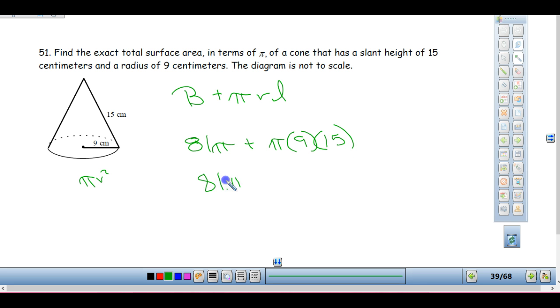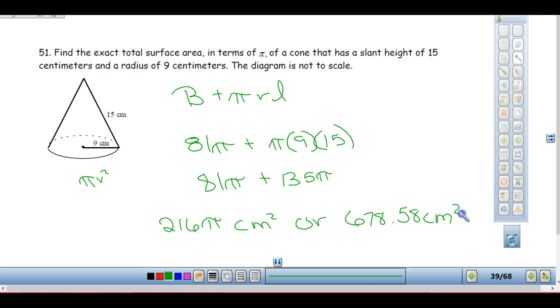So 81 pi plus 135 pi gives me 216 pi centimeters squared, or you're welcome to multiply it out, 678.58 centimeters squared.